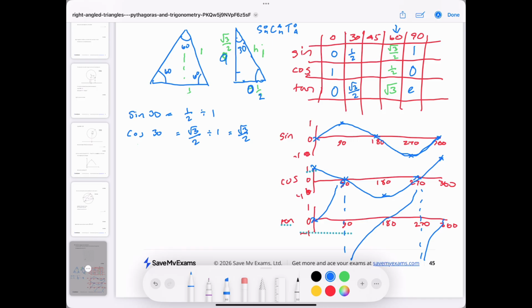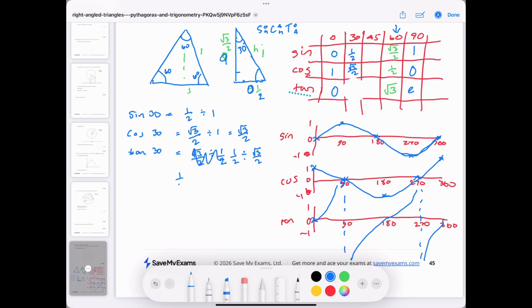You might be able to see what's happening here. And tan, I've just put that in the wrong place. Silly me. So that would be root 3 over 2. And tan 30 equals opposite over adjacent. So it's half divided by root 3 over 2.